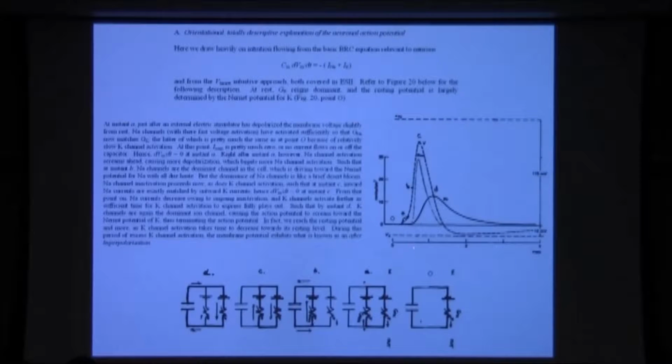But if you gave an external stimulus, either from another neuron, or an external human stimulus, you can inject current in such a way that you'll force a little bit of depolarization. With that little depolarization, you might get to this point, little a here, where now the sodium channels have started to activate a little bit in response to voltage.